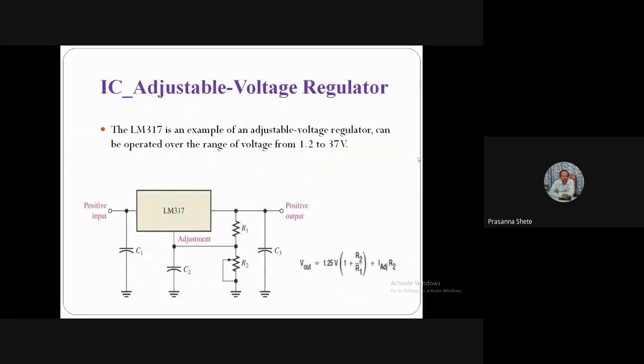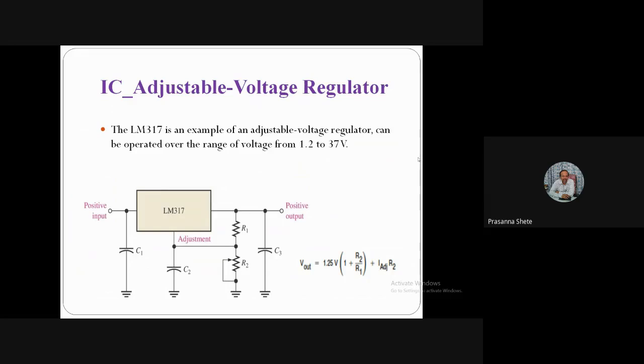Now, when we talked about fixed IC voltage regulator, we have discussed 78XX and 79XX. Similarly, we have adjustable IC voltage regulators, as we have in our syllabus, like LM317, which is again a 3-terminal voltage regulator, but it is going to have the output voltage range as shown in this particular diagram. You can see it is from 1.2 volts to 37 volts. Dear students, what is the advantage of adjustable voltage regulator?